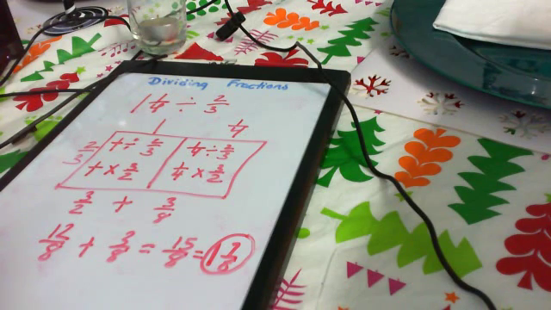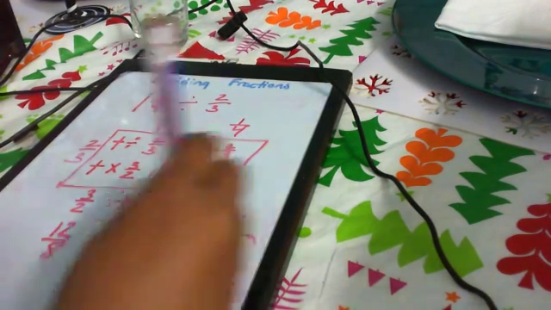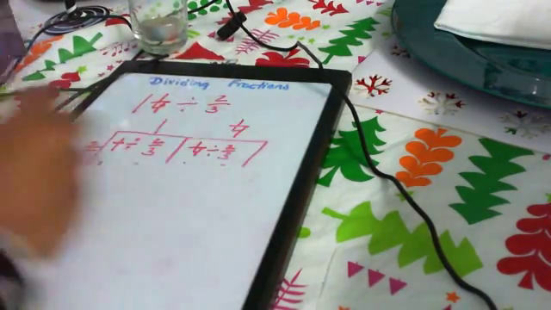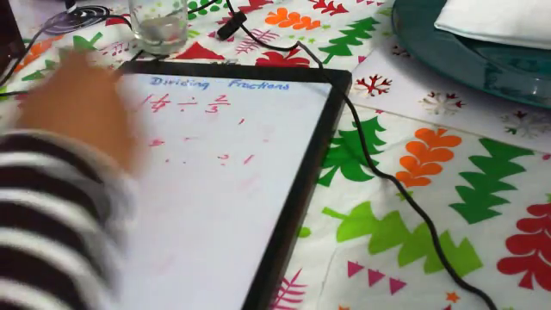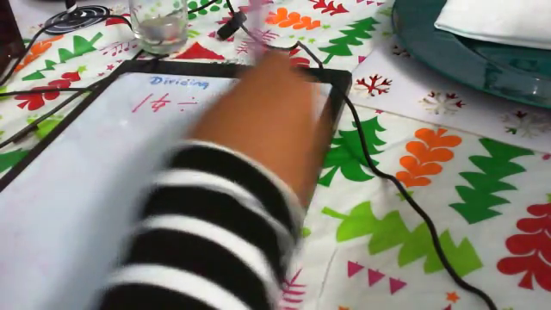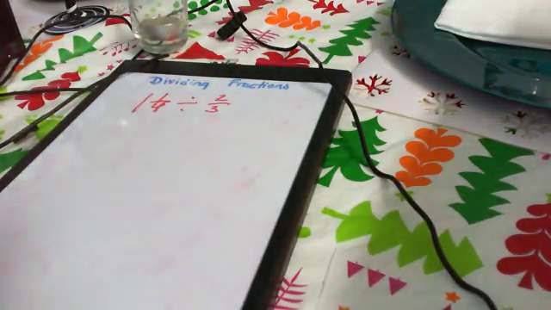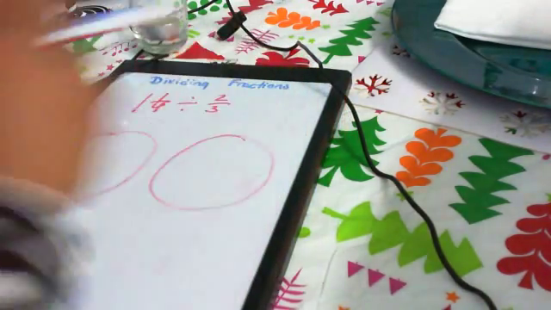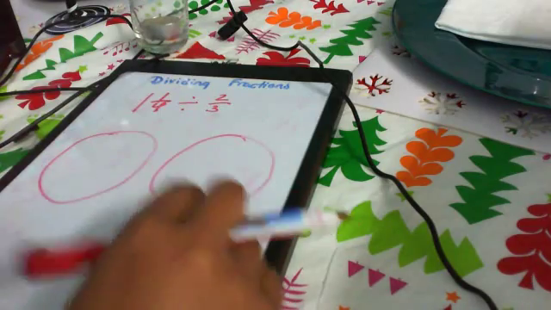So, I suggest you do it this way. But for those of you who really want to know the model way, it is telling us we're going to draw 2 big circles because we have a whole fraction and a little part.